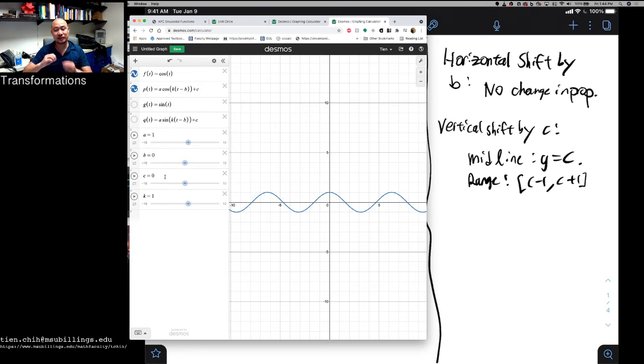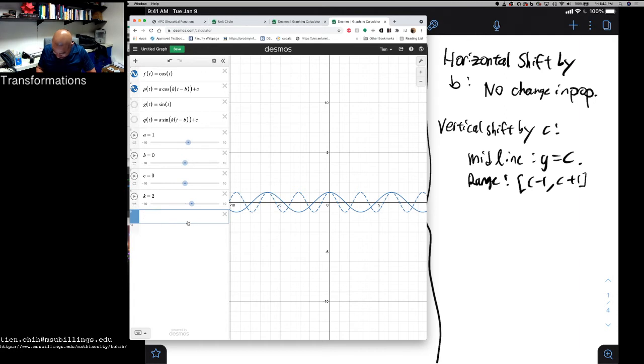And now let's take a look at stretching or shrinking horizontally. So let's say I'm going to shrink horizontally by a factor of 2. And let's take a look at what happens there. Now everything's scrunched in, right, by a factor of 2. So everything's happening twice as fast.